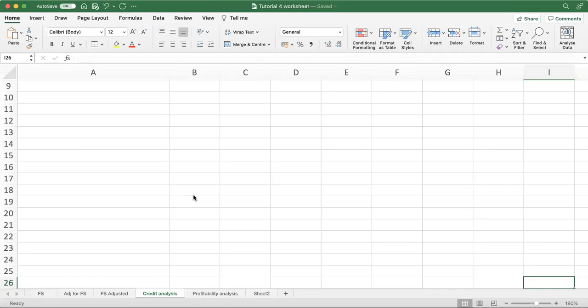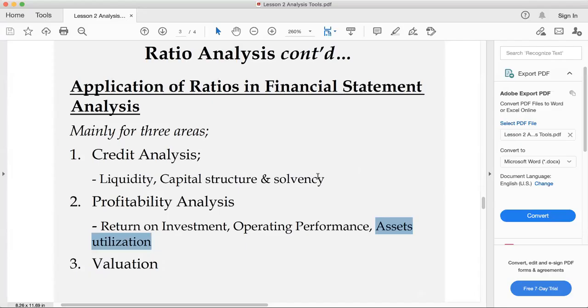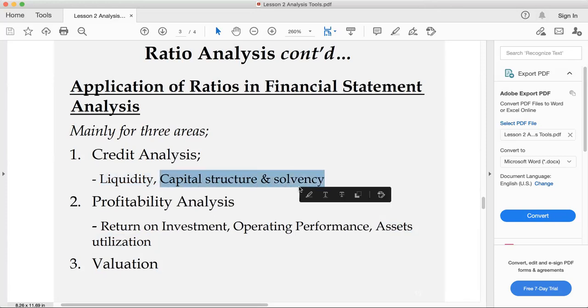So under credit analysis, you have to do a liquidity analysis, and you have to do a solvency analysis.